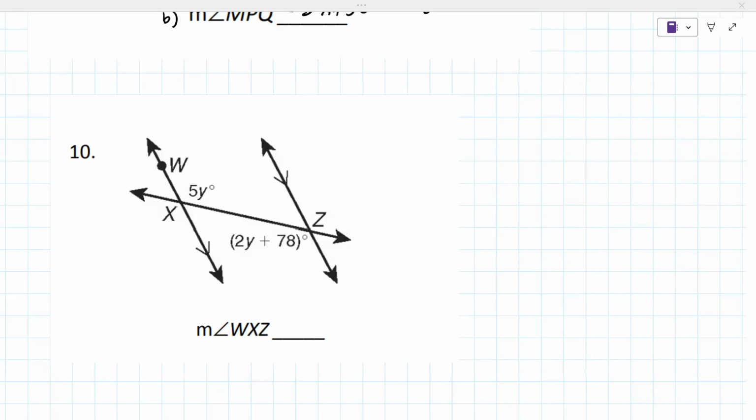So just to clarify, I'm pretty sure I have this right, but I'm just asking for my equation. 5y equals 2y plus 78.